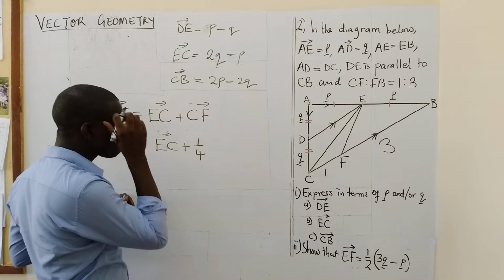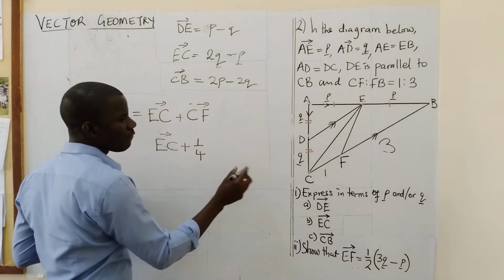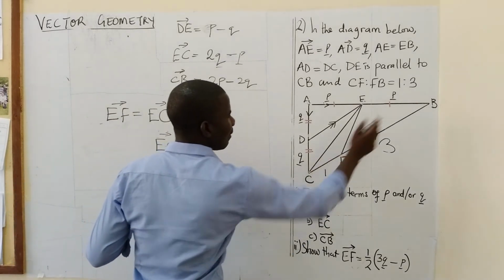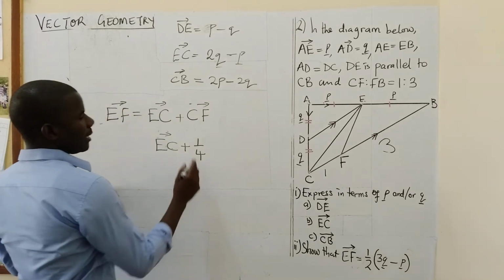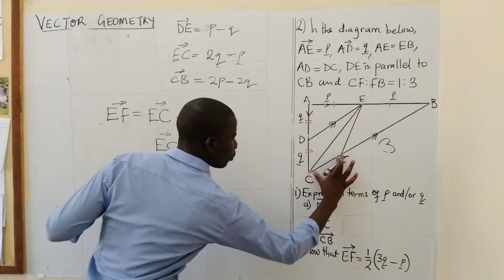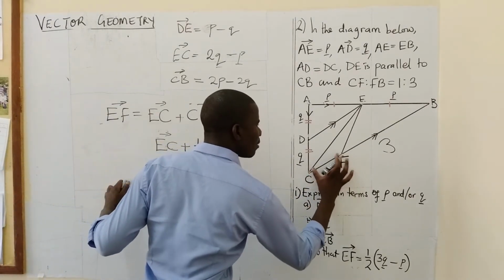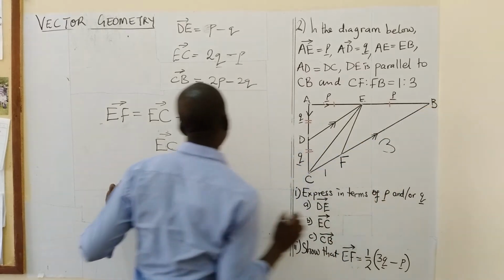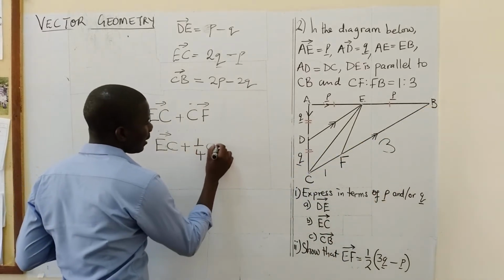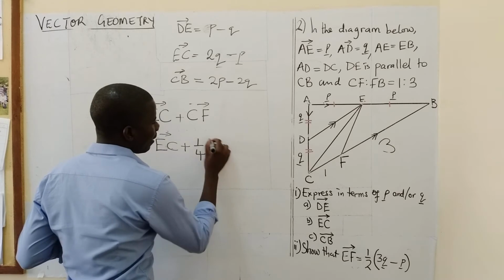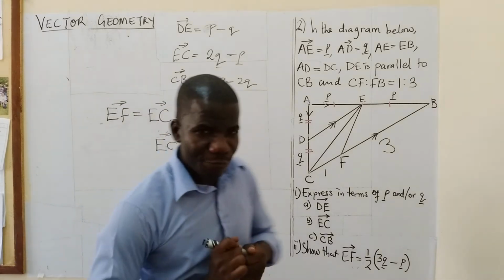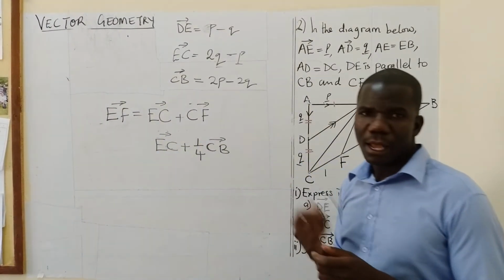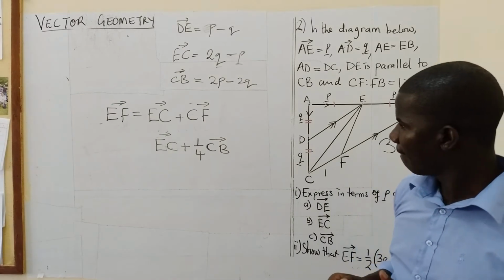So this is 1 over 4 of CB. This portion is a fraction, 1 over 4 of the whole thing, which is CB. I hope you are following.